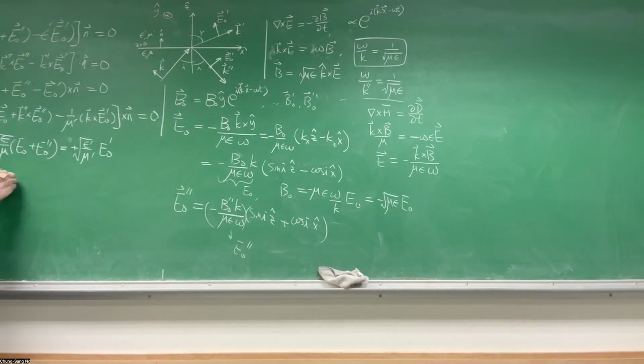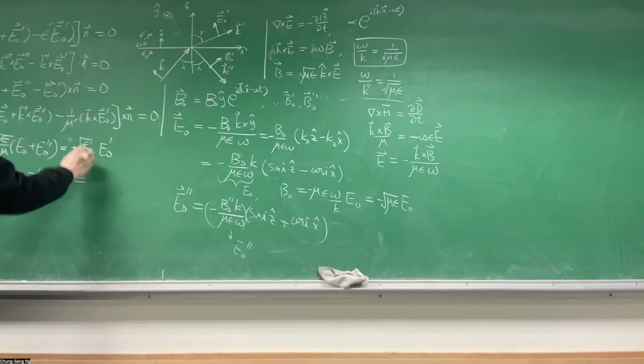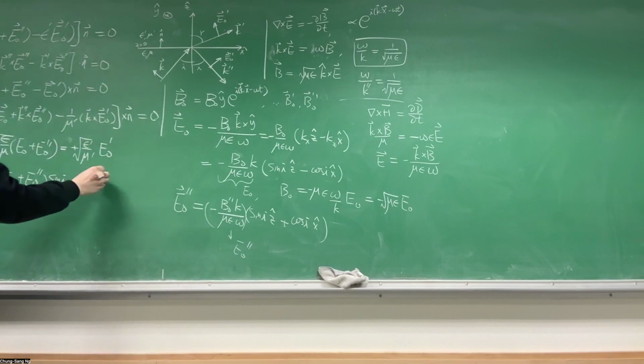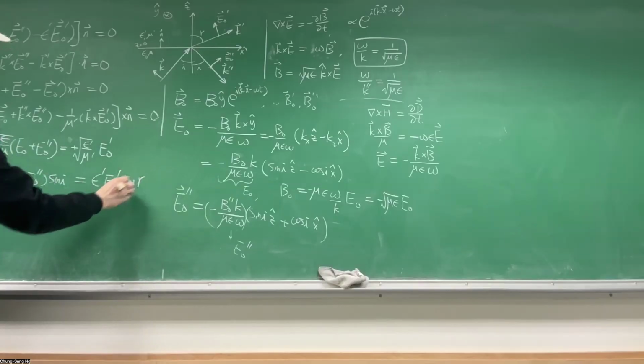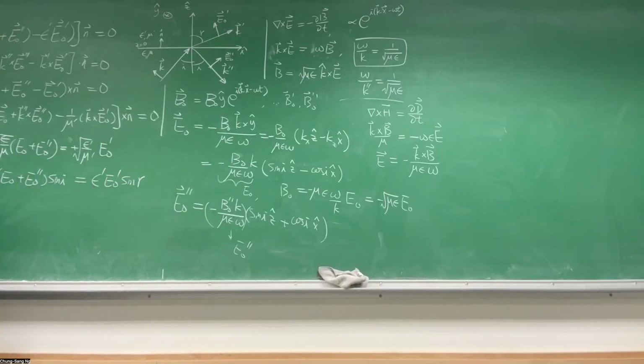So add the E0, that's E0 double prime sine I, but I have a feeling that this will give you the same equation. The right-hand side is E0 prime, right? And then E0 prime sine R. But then we have Snell's law, right?